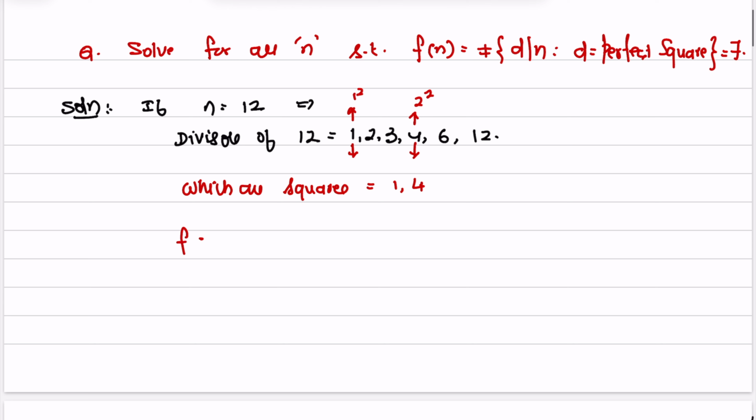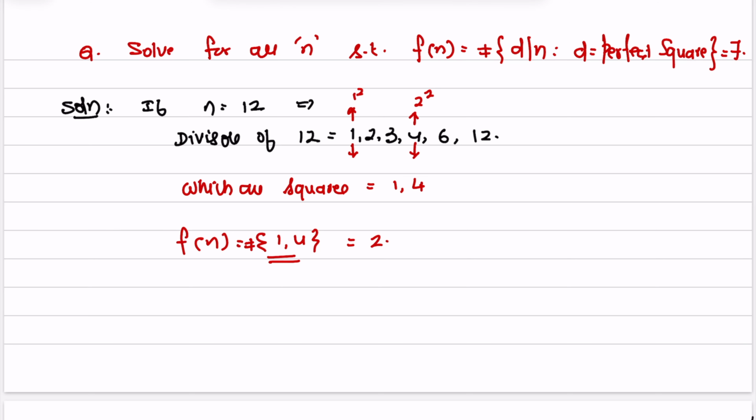What is the value of f(n)? It is the number of elements in the set {1, 4}, that is the cardinality of the set, which is equal to 2.